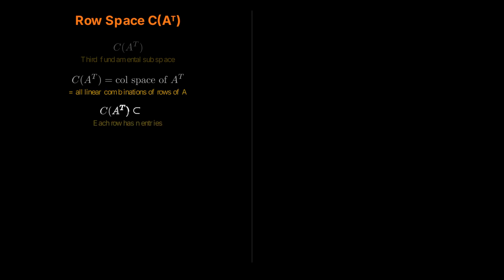Now let's look at the third subspace, the row space, written C(A transpose). This is the column space of A transpose, which equivalently means all linear combinations of the rows of A. Each row of A has n entries, so the row space lives in R^n. Its dimension is also r, the rank of the matrix.